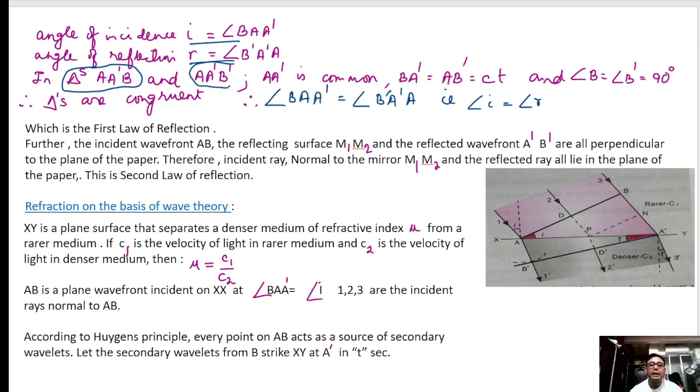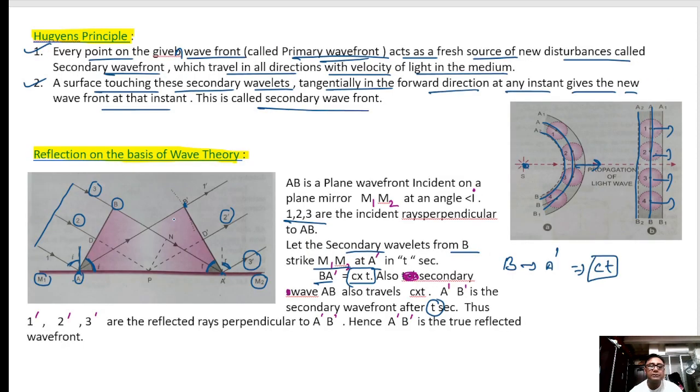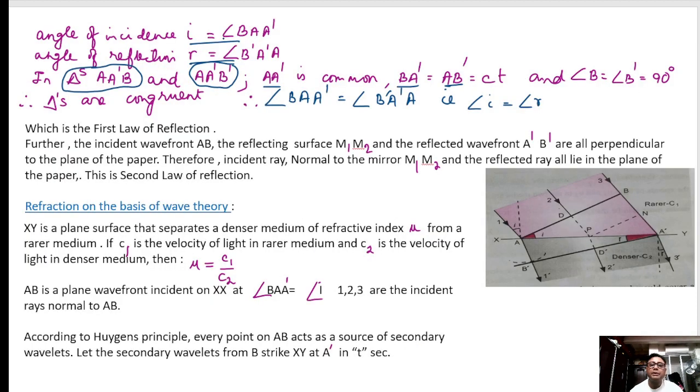The distances BA dash and AB dash should be the same, because it is in the same medium. Both should be c into t.